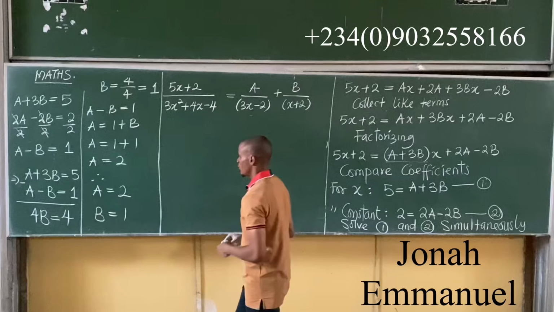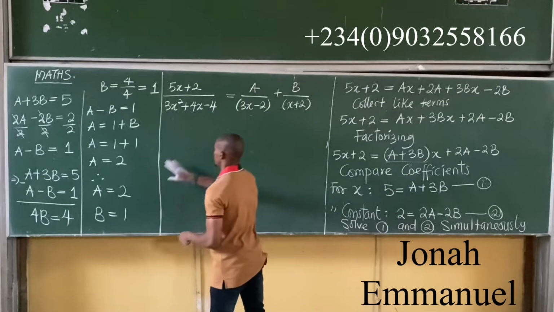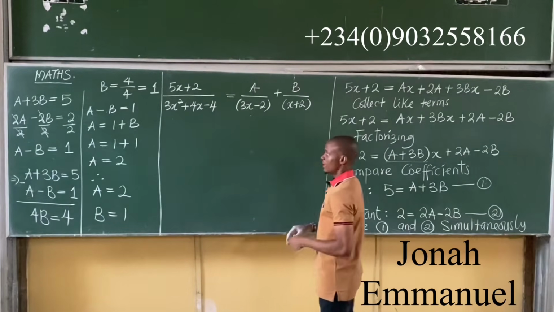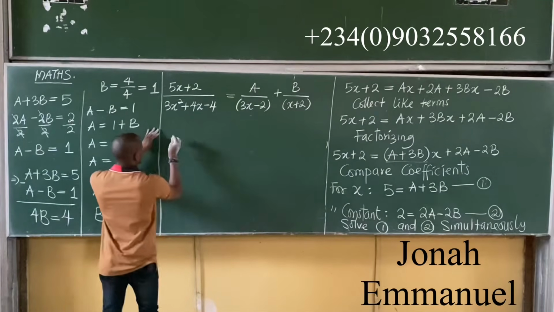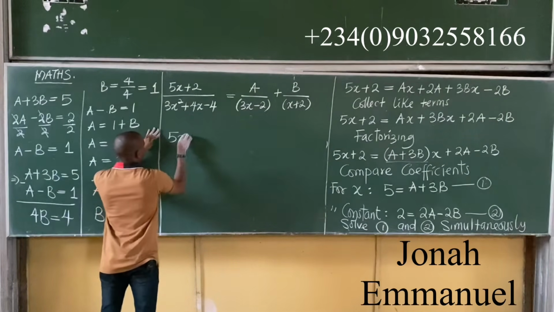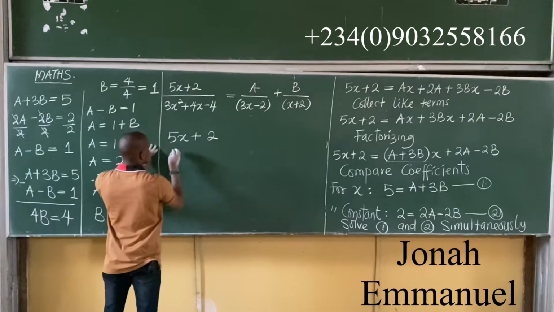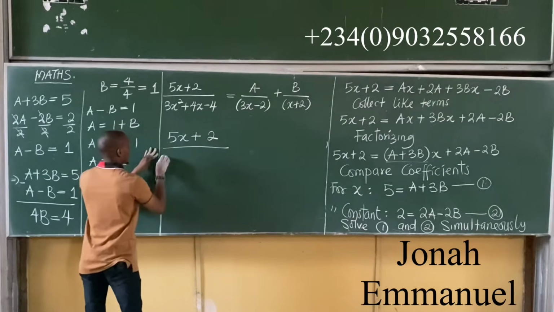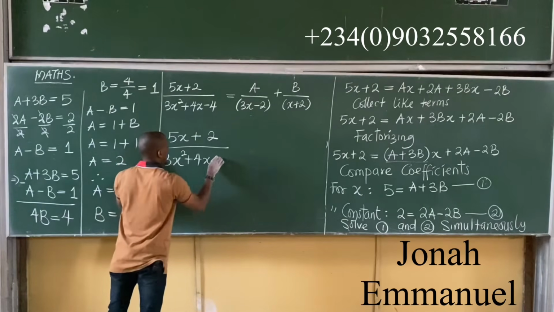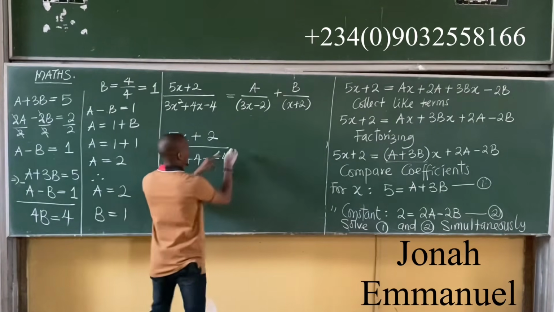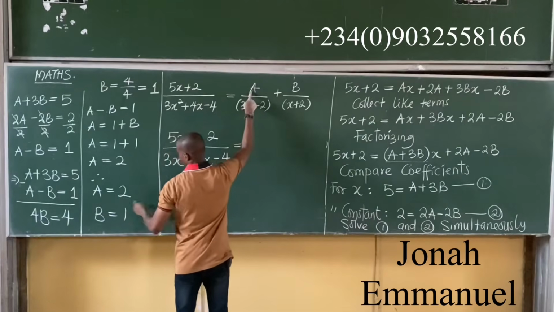If this is true, let's put these values back into the general partial fraction form. So this now becomes 5x plus 2 all over 3x squared plus 4x minus 4 is equal to, say, a is 2.